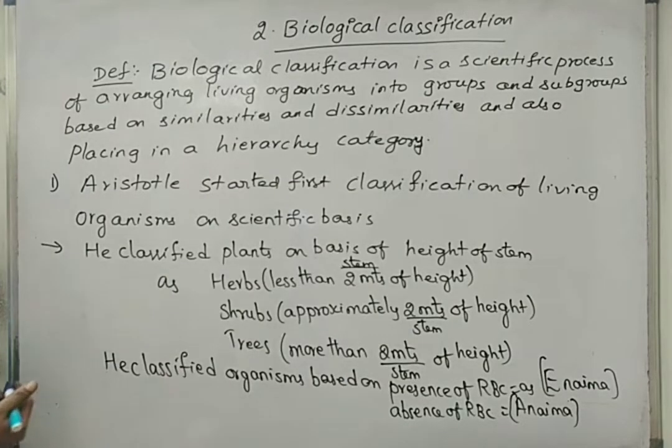Aristotle also classified animals into 3 different categories, that is air dwelling, water living, and land living organisms. It means that the classification of animals is based on habitat.